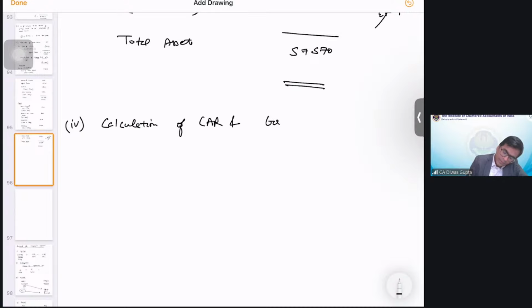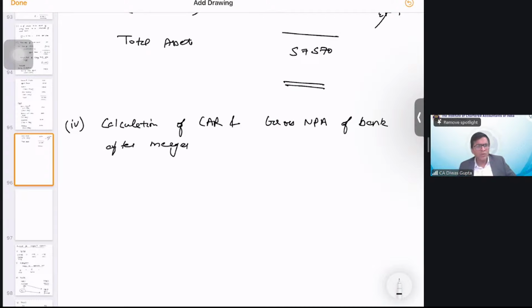If purchase consideration is less than book value, no, fair value. It should not be book value, it's fair value as per the standard. Here in case of the merger, we are assuming fair value is equal to book value. But practically it is always fair value. Yes, net assets value.